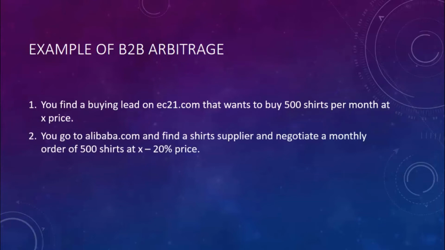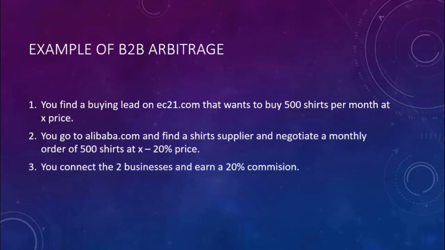You go to Alibaba.com, which is the biggest business to business online marketplace in the world, and find a shirt supplier and negotiate a monthly order of 500 shirts at X minus 20% price. What you will practically do in this situation is connect the 2 businesses and earn the 20% difference from the price. That means a 20% commission for you, which will be profit for you.